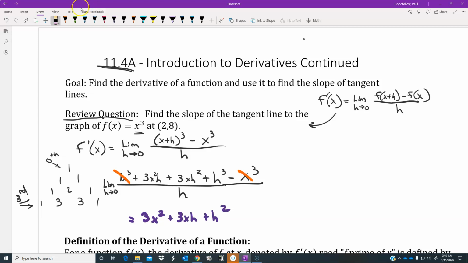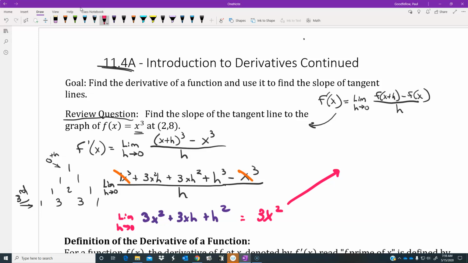And as h is approaching 0, that would cancel these two terms out, and we'd end up with a derivative of 3x squared.